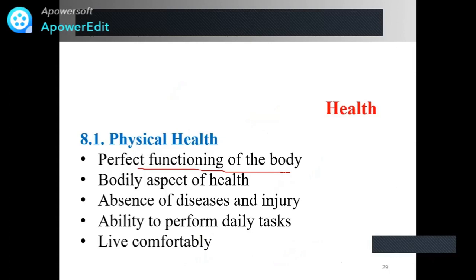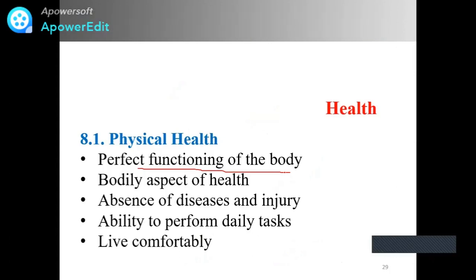In other words, physical health refers to the bodily aspect of health. It refers to the more traditional definition of health as the absence of diseases and injuries.